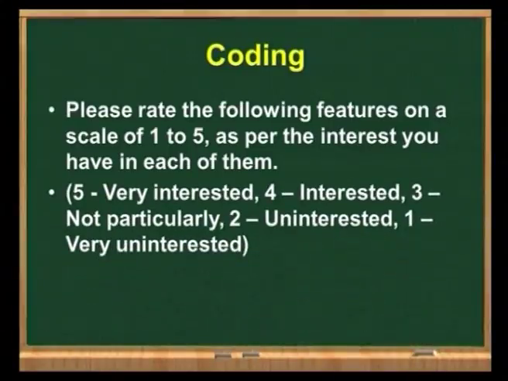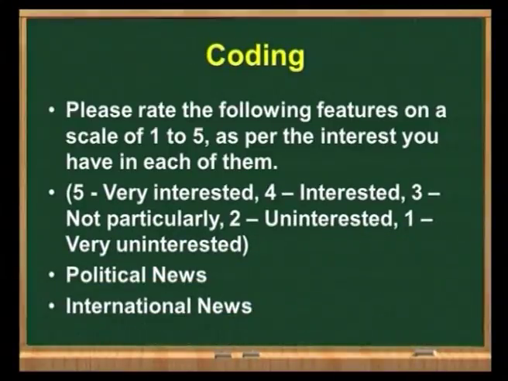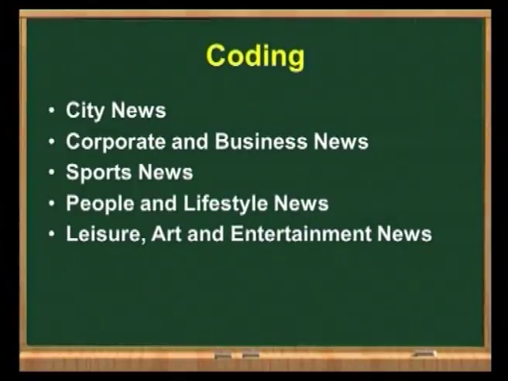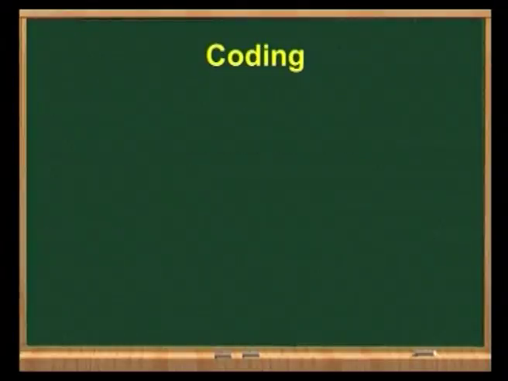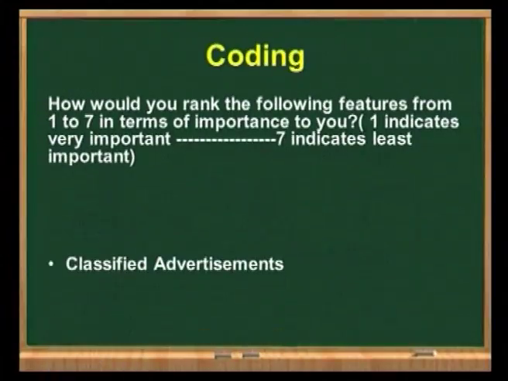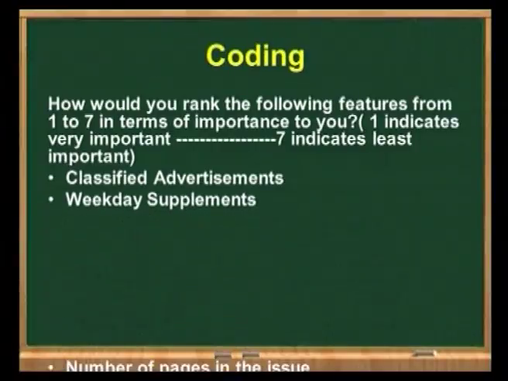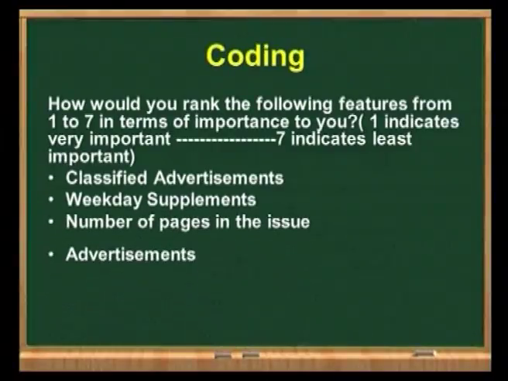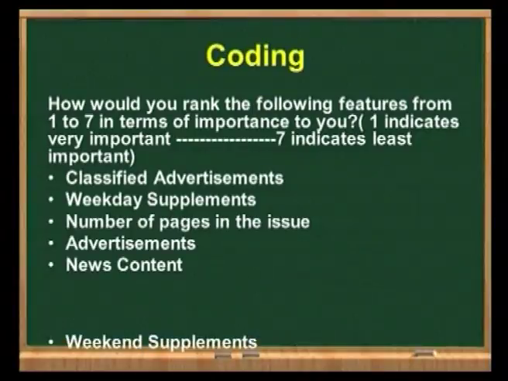Question number 3 has 7 parts, and the respondent is to rate each one of them on a 5-point scale ranging from 1 to 5. Therefore, a total of 7 columns is required to record the responses of the respondent. There are 6 features of Times of India mentioned in question number 5 and labeled as 5A to 5F.